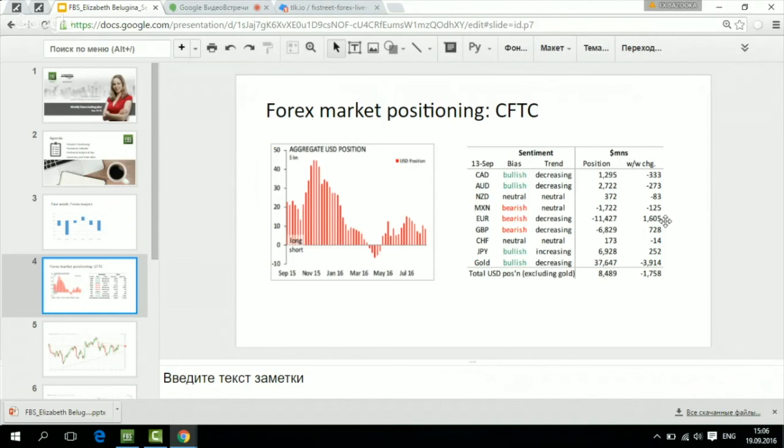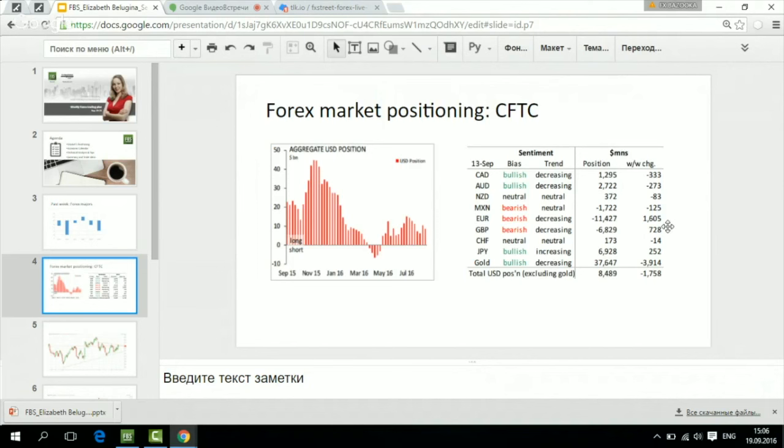If we look at this weekly change, not from the US dollar value point of view, but from the number of contracts point of view, we will see that the decline in the euro short positions was the biggest since the beginning of January, and this is a rather sizable change for the Forex market. It surely reflects the results of the European Central Bank's meeting, which took place earlier in September.